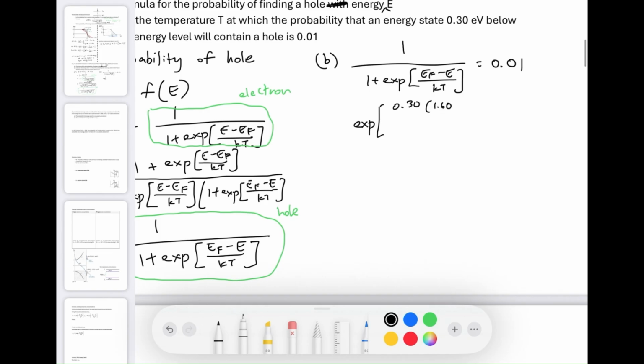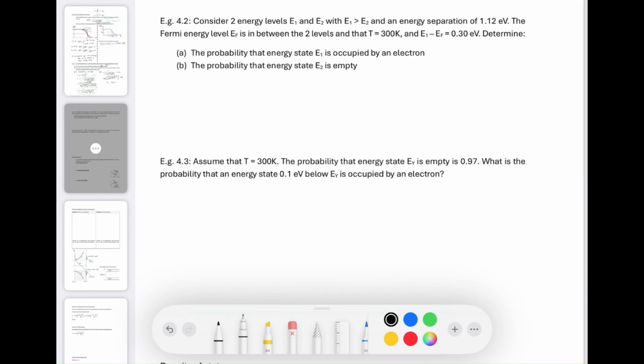We have to convert electron volts to SI units because this equation is in SI units. So the eV must be converted to joules. And of course, when you do some math and work this out, this is just 757 Kelvin.